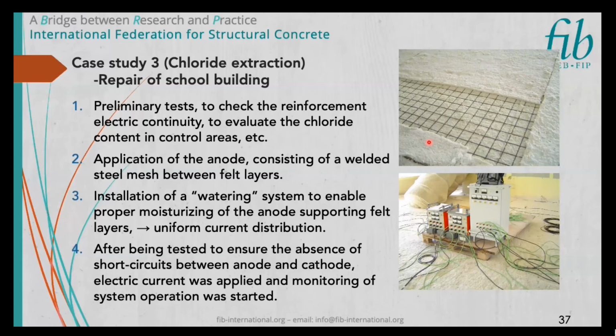In order to enable proper moisturizing of the anode supporting felt layers, a watering system was employed here. This ensures the uniform current distribution. After being tested to ensure the absence of short circuits between anode and cathode, electric current was applied and monitoring of system operation was started.